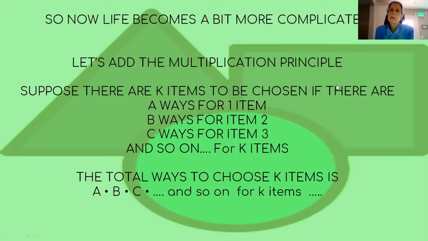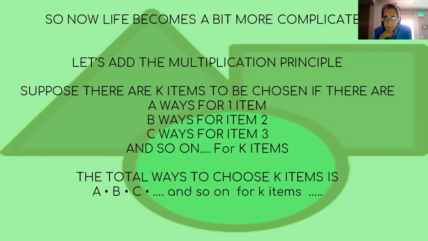So now life is going to become a little bit more complicated. Let's use the multiplication principle. Here's what the multiplication principle says. Suppose there are k items to be chosen. If there are A ways for item 1, B ways for item 2, C ways for item 3, and so on for k items, the total number of ways to choose k items is A times B times C, and so on for k items.